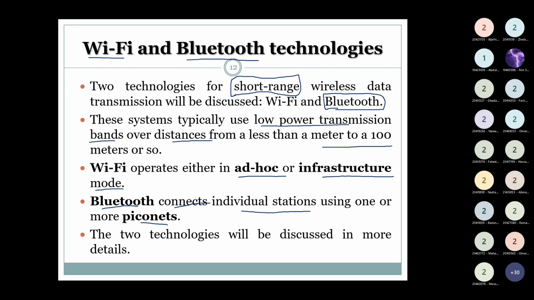Even though these technologies work in a short range for wireless data transmission, they operate with different technologies. The Wi-Fi operates in ad hoc or infrastructure mode, and the Bluetooth operates with piconets.